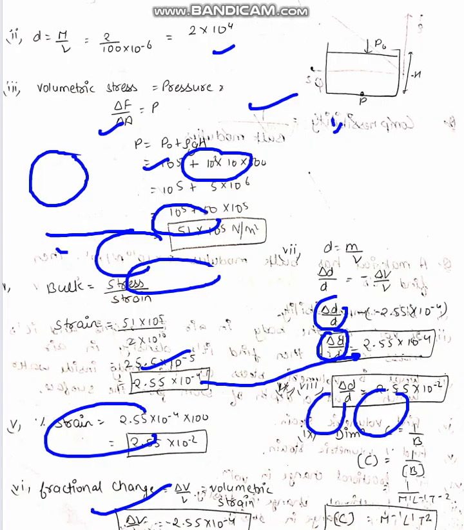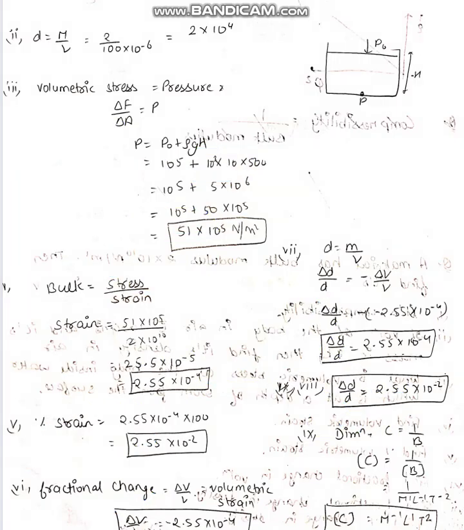To find percentage strain, multiply this by 100. The fractional change is the same as delta V by V. Then the density can be easily calculated. For the dimensions of compressibility, this is 1 by bulk modulus, so reversing the dimensions of bulk modulus gives you the dimension of compressibility.